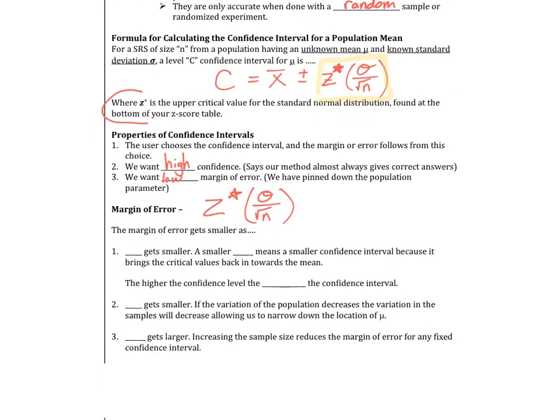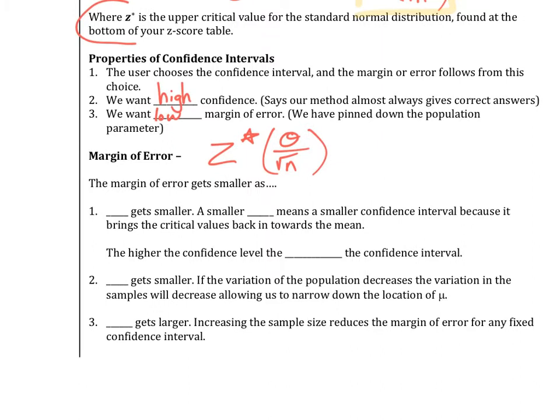And the margin of error gets smaller as Z star gets smaller. So a smaller Z star means a smaller confidence interval because it brings the critical values back in towards the mean. The higher the confidence level, the wider the confidence interval.